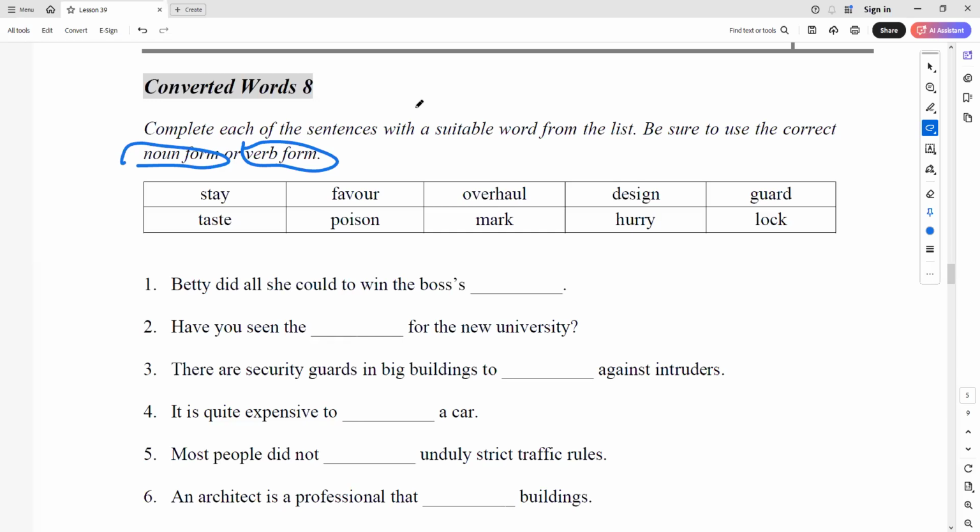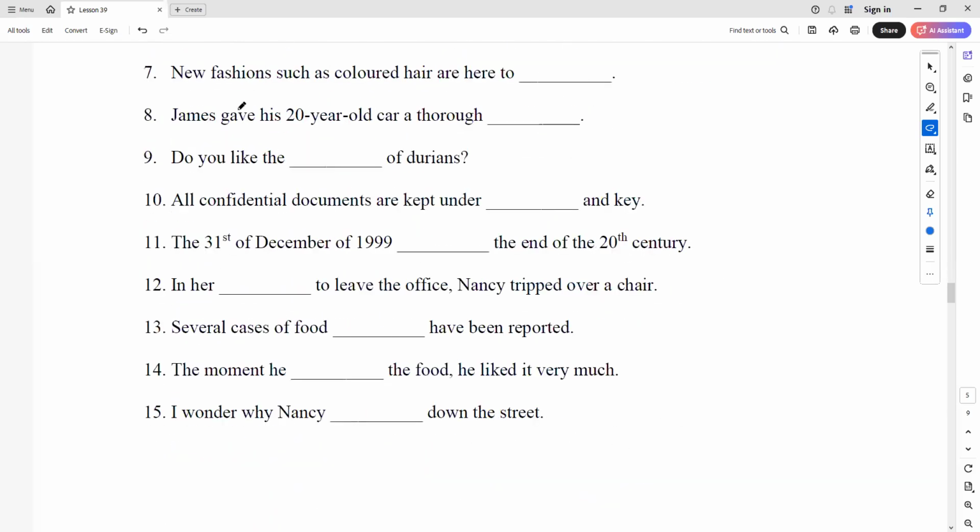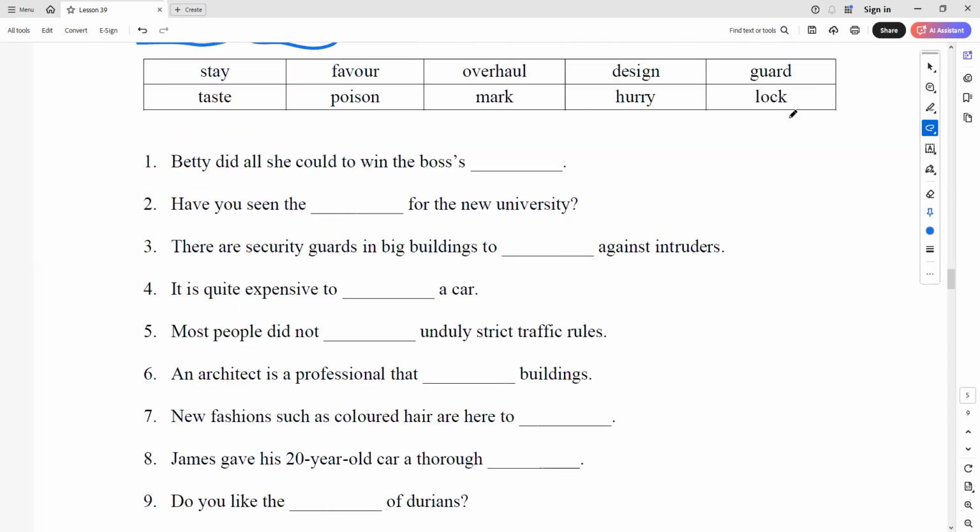Exercises here. If you know all the meanings, right? So let's come to the 15 questions. Bayan, try the first three.